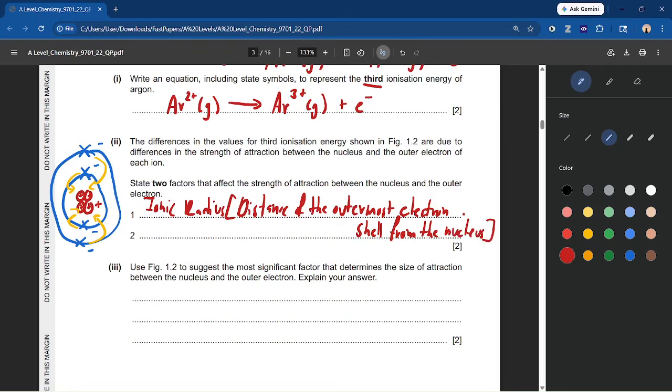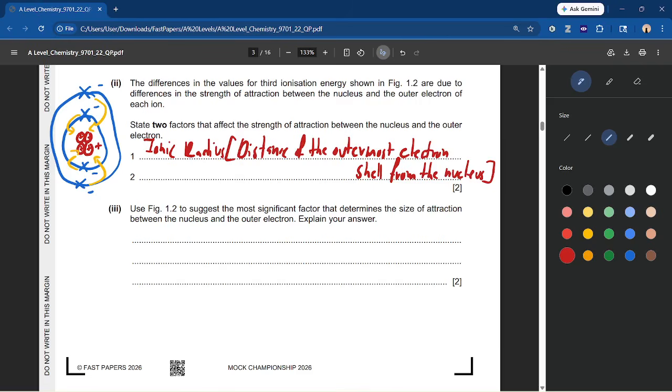Very simple. So what that basically means is, if I go down over here, let's say you've got 1 electron here and 1 electron here. The ionic radius for this element will be, for example, 4 nanometers. And then let's say we've got another nucleus here.